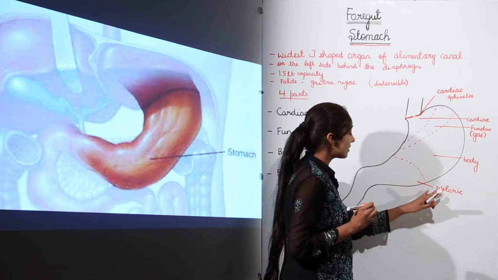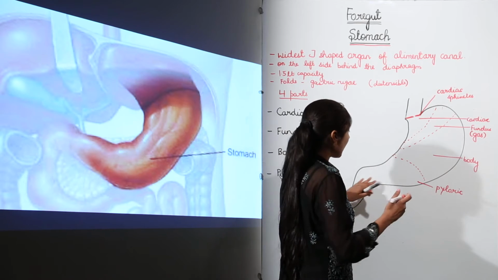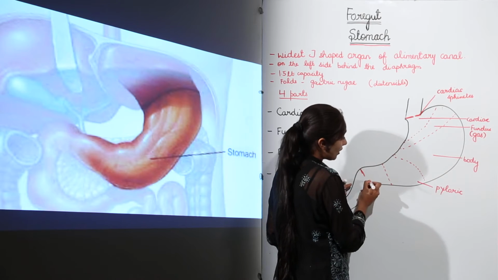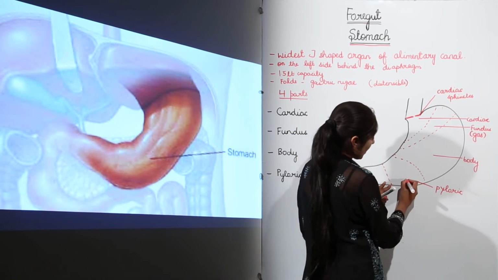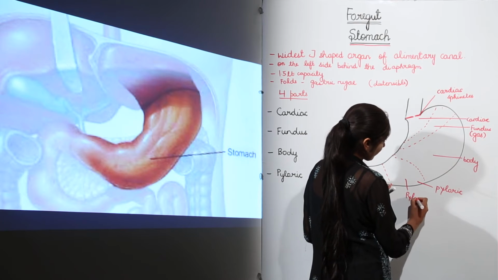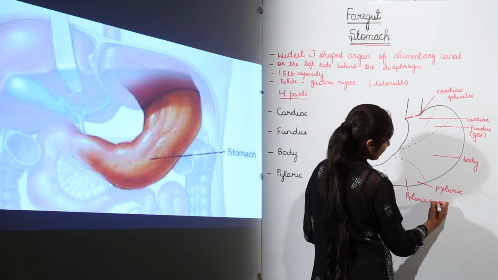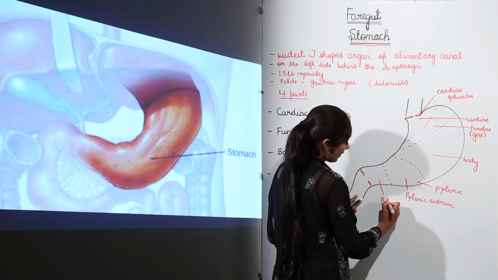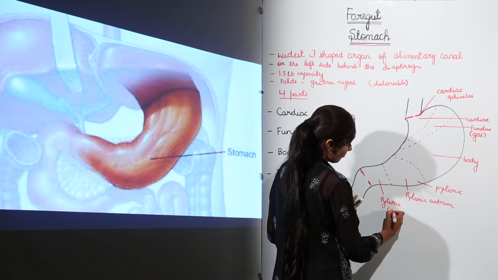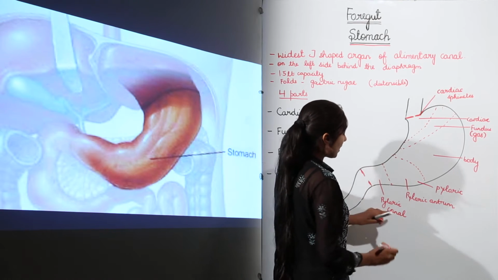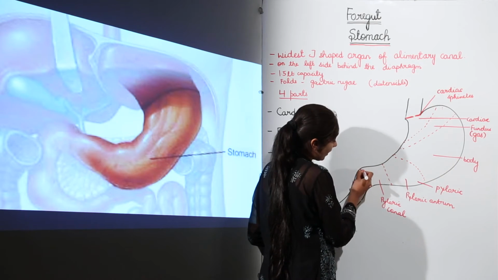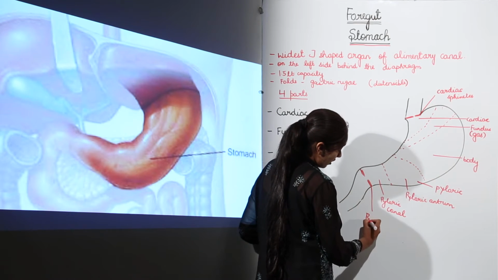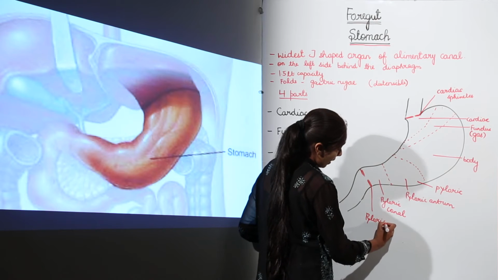Now, pyloric part is divided into 2. We have pyloric antrum and the pyloric canal. Okay. So, pyloric region is divided into 2. We have pyloric antrum, and the pyloric canal. And with this pyloric canal, we have a sphincter over here, and that sphincter is known as the pyloric sphincter.